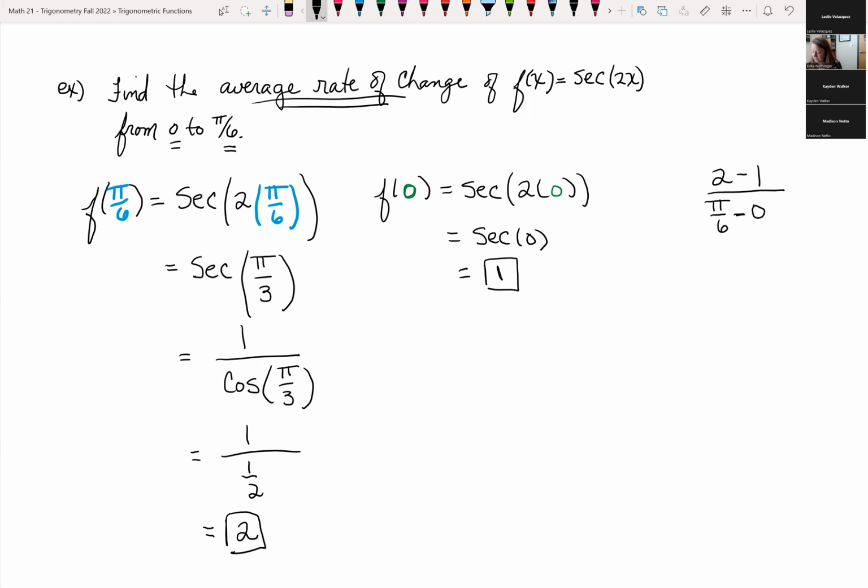So let's reduce this, and we don't like fractions within fractions, so let's rewrite it so it's not a complex fraction. We have 2 minus 1, which is 1, all divided by pi sixths minus 0, which is pi sixths. So this is the same thing as 1 divided by pi sixths, or 1 times the reciprocal of pi sixths, which is 6 over pi. So the average rate of change is 6 over pi.